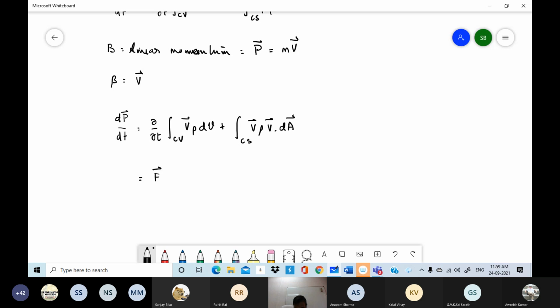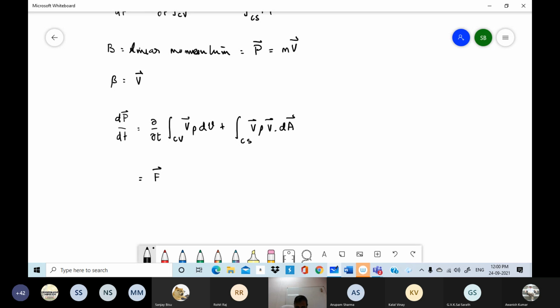rate of change of linear momentum for a small element. If it's a small element, I can consider that as a point mass. Then the rate of change of linear momentum of that will be equal to the force. So in order to write that equation for a fluid, I need to address two parts of the problem.